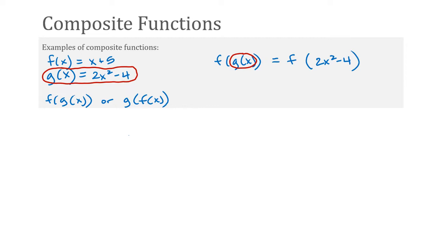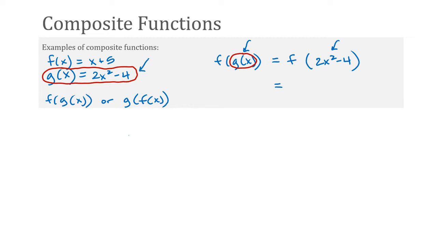So something to notice here, in the g of x function, 2x squared minus 4 was an output. But in the composite function, that 2x squared minus 4, the g of x, becomes the input of the f function.